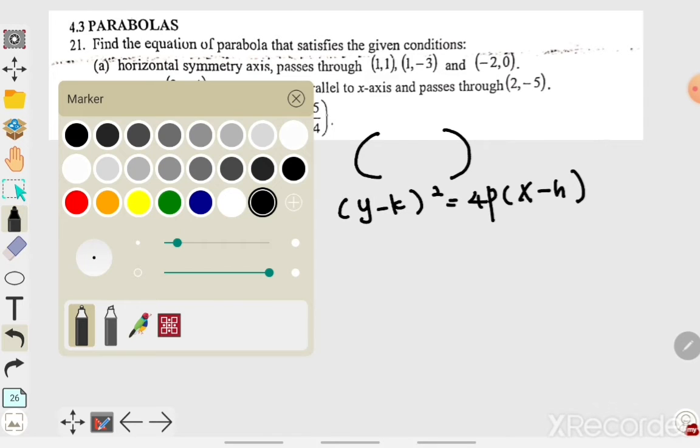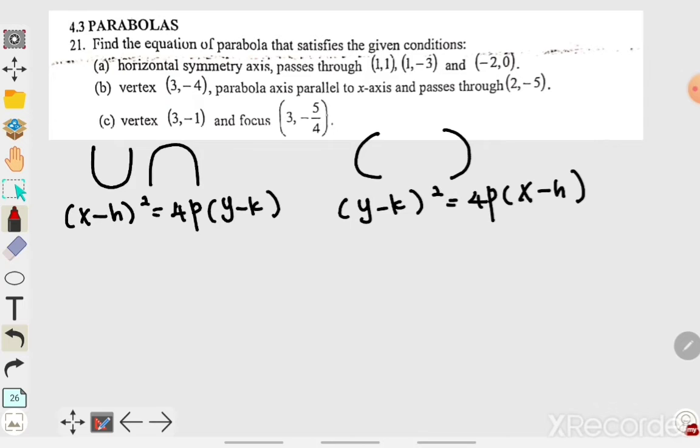Alright, let's move on to question number 21a. What we have here is a horizontal symmetry axis. This is the symmetry axis for up, for down, for open to the right, and for open to the left.